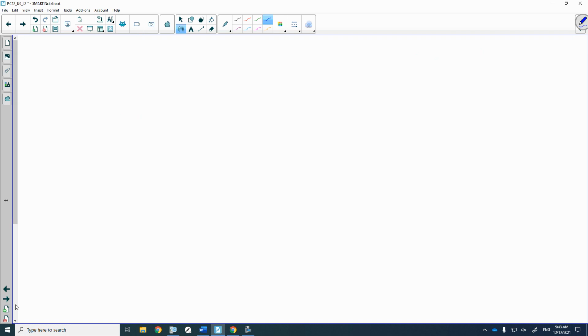So let's just look at this one. It's going to say solve n permute 2 is equal to 56. So remember that the formula is going to be n permute r is equal to n factorial all over n minus r factorial.